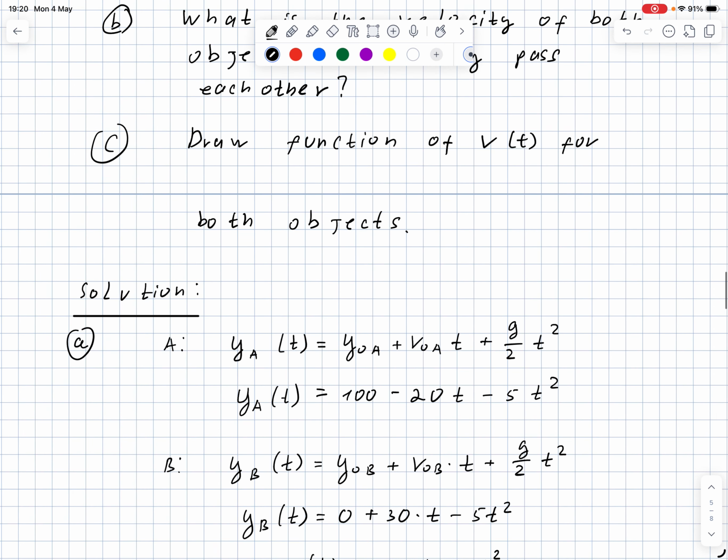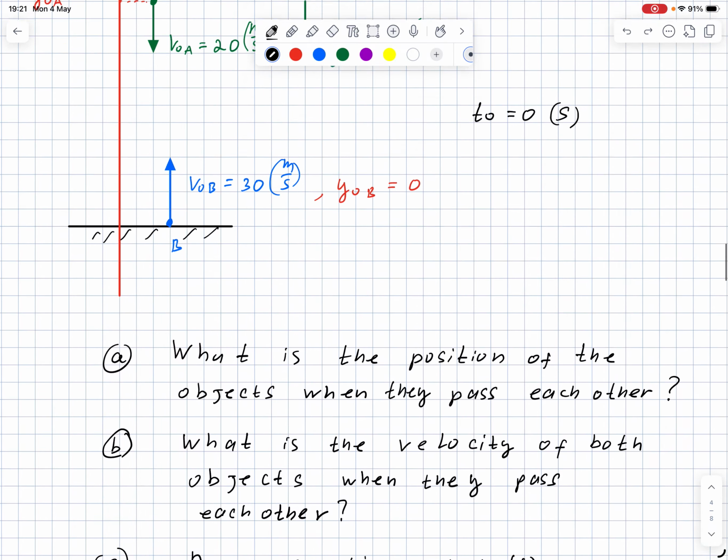Okay, to find when and where they pass each other, we're going to use this formula: the position of object A. y0 of A, which means its initial position, is 100 meters. The initial velocity of object A is minus 20 meters per second. Why is it minus?